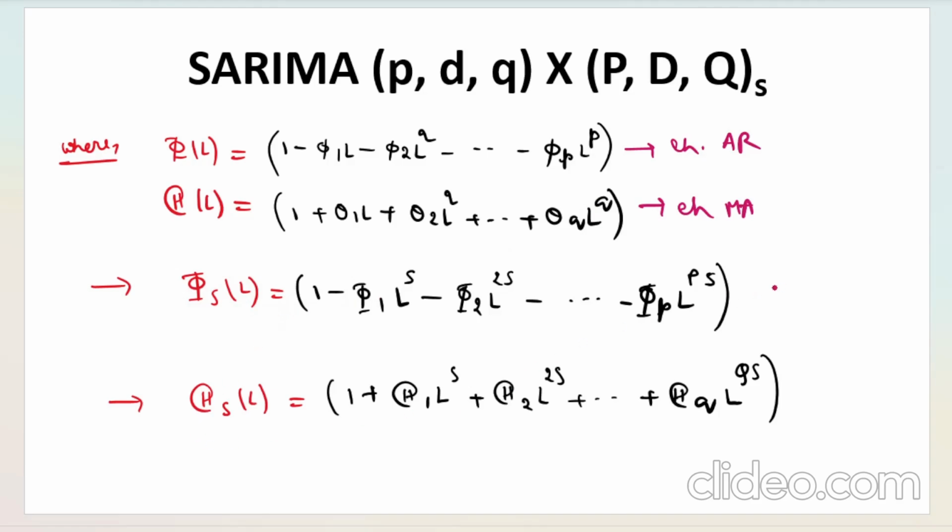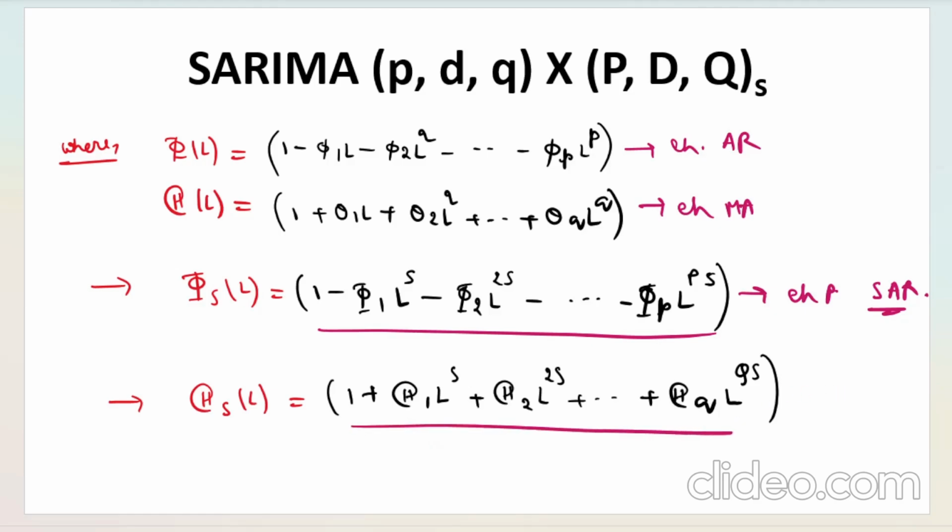These are the additional ones. This is the characteristic polynomial of seasonal AR. See this form, this will be very crucial. These two forms will be very crucial because they will help you to write the formal process that we will do in an example. So basically this is the characteristic polynomial: 1 minus capital phi 1 L to the power S, where S is the period of seasonality, minus capital phi 2 L to the power 2S.